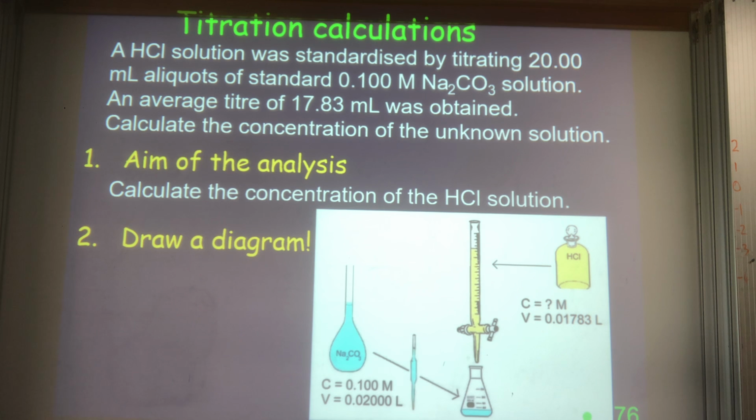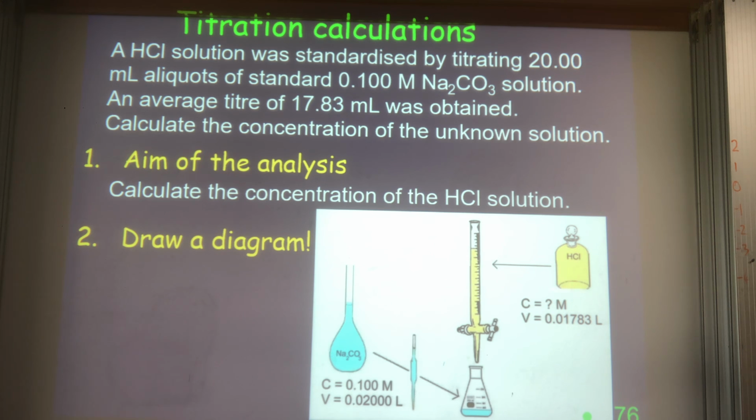And, you know, I did this on a drawing program. Doesn't have to be that neat. Again, if we were in class, I'd be showing you how rough it could be, but it still has the sodium carbonate, the aliquot of sodium carbonate over this side. So 20 mils, concentration 0.1 molar, that's all you need. Very rough volumetric flask, very rough pipette going into a very rough conical flask.